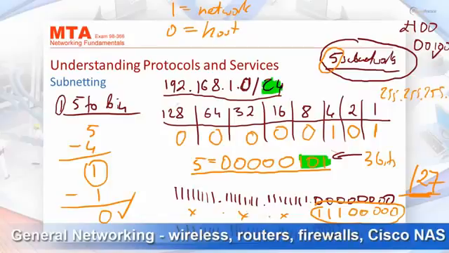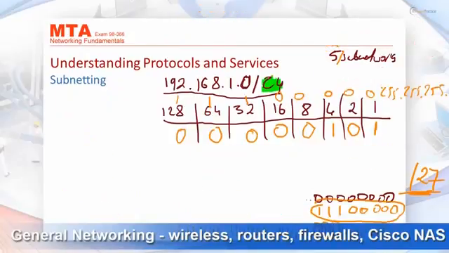And then you go back to this table and you add all numbers. 128 plus 64 plus 32. Okay, does that make sense so far? Let me remove a few things from the screen and we'll continue.